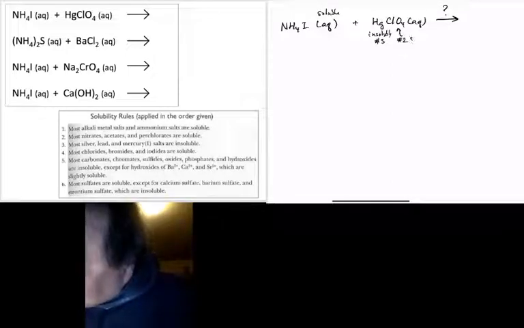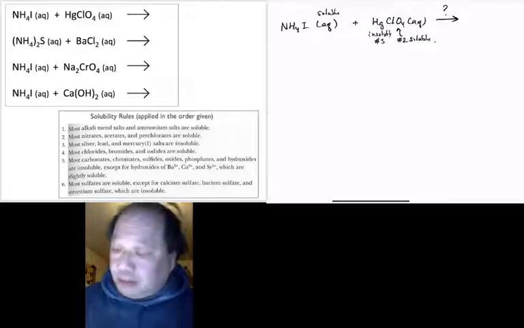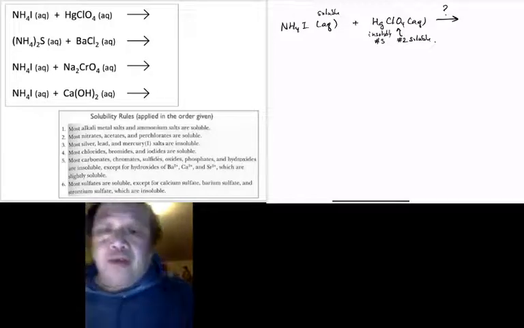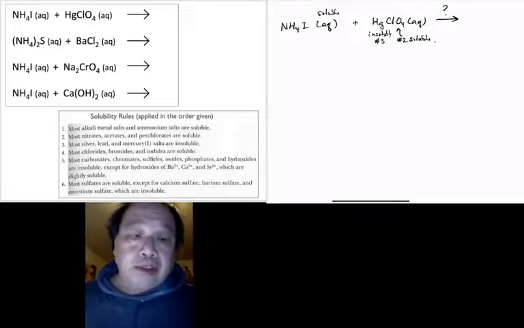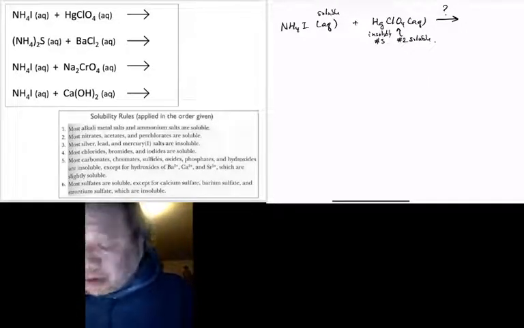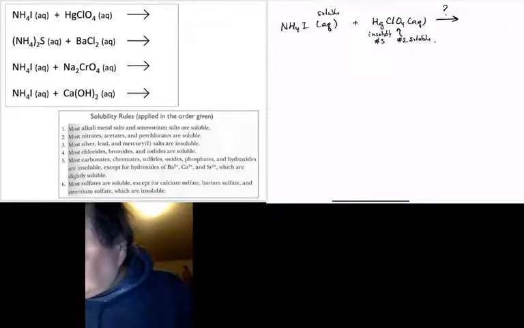That takes precedence. So both of these compounds are soluble. But when we put them together, is there a new combination of the two which is insoluble? And put in chat if there is a product which is insoluble, and put what that product is.